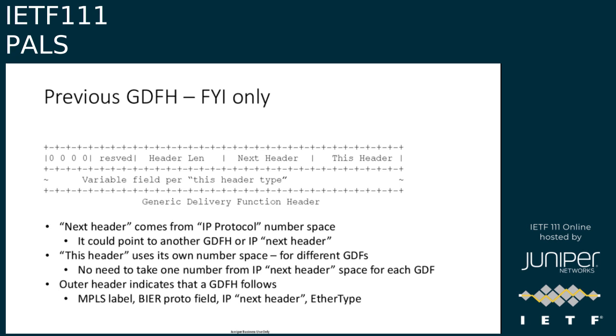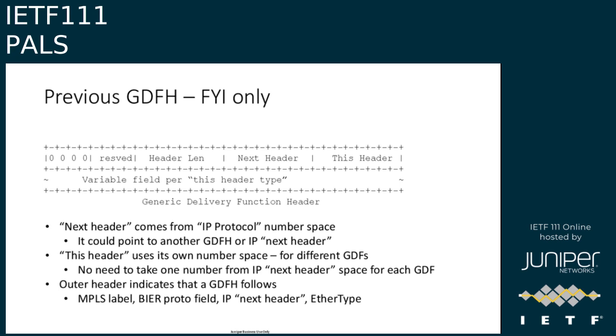In the earlier revisions of the drafts, we proposed this header for generic delivery functions. I'm talking about it here just as FYI because we are actually thinking of changing that. Anyway, you can see that here we have a next header and then this header. Next header will come from the IP protocol number space. It could point to another GDF header or an IP next header.